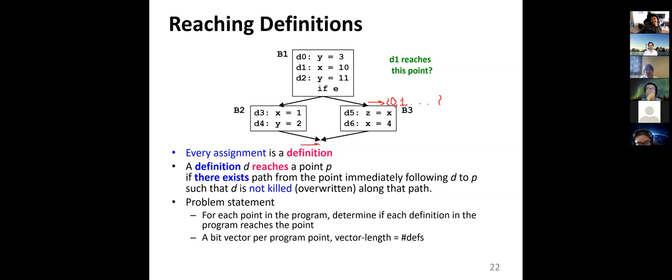If I ask you at this point, D1, does it reach this point or not? No. Why not? Because D6 overwrote the X value. That's true, but that's not enough.